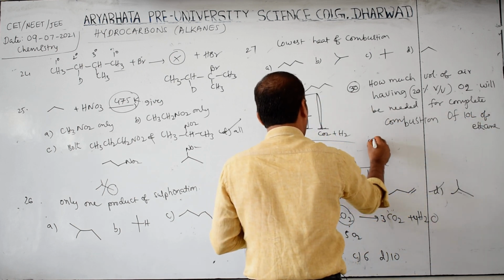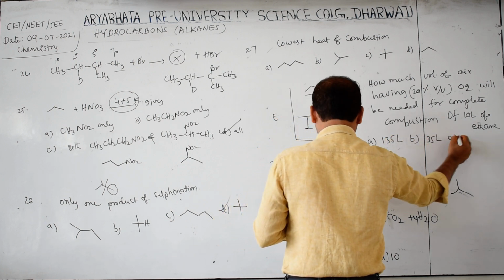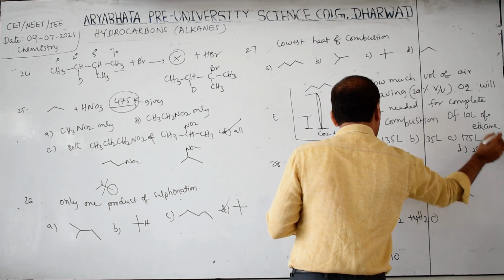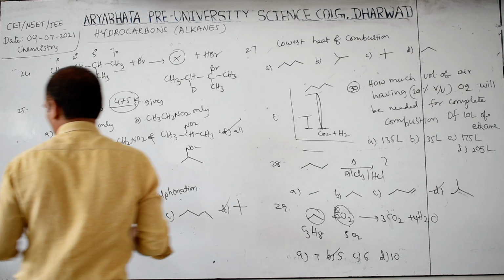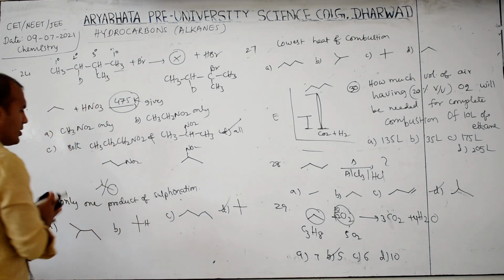Options are given here: A 135 liter, B 35 liter, C 175 liter, D 205 liter. This is the question. Now you have to solve this one the same way.